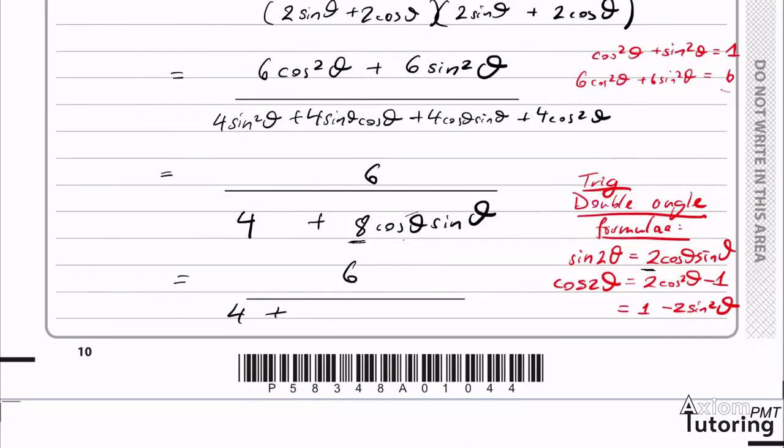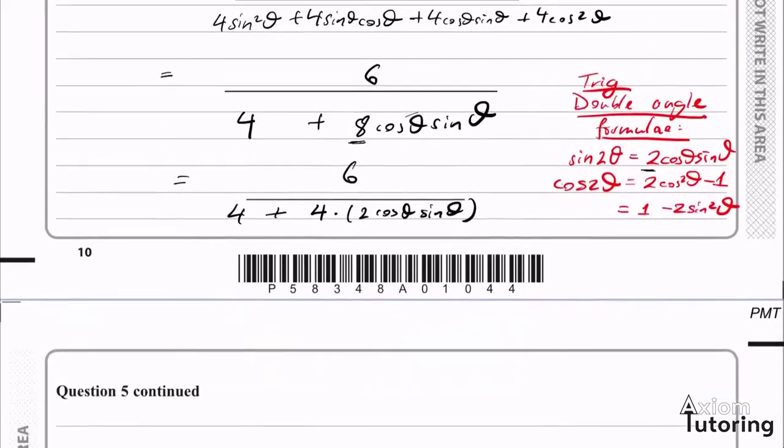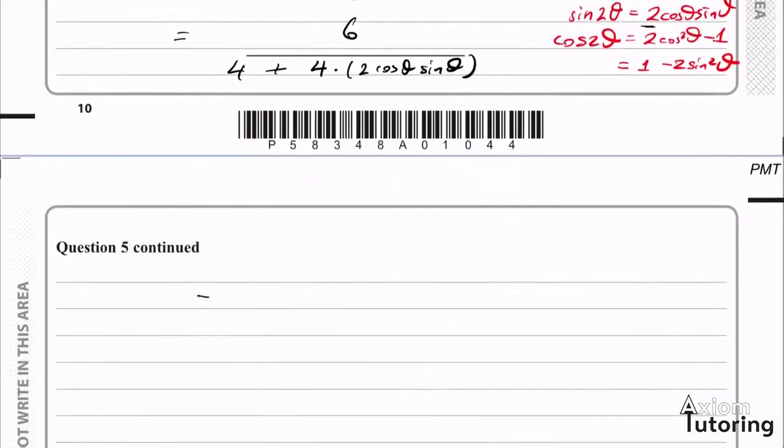So 8 cos theta sine theta is equivalent to writing 4 lots of 2 cos theta sine theta, right? 4 times 2 is 8. And so if I just, I'll go down here actually. So 6 over 4 plus 4 lots of 2 cos theta sine theta. Well, that's sine 2 theta.